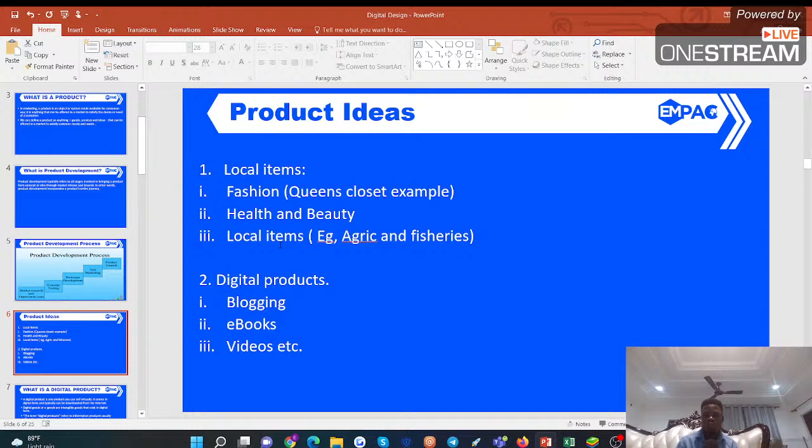Now, when it comes to local agriculture and fisheries, some of you live in such areas. One of our students lives in an area in the Volta Region, around Keta. In that area, they have fishes like Keta school boys, and some fishes from the sea like shrimp, and some local ones which are in high demand in Accra.